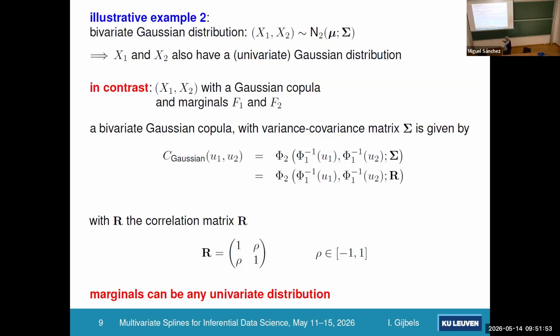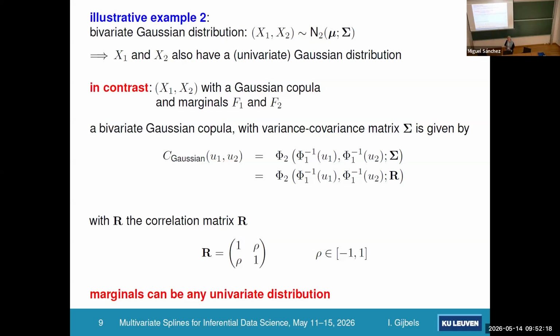In contrast, you can have a Gaussian copula and combine it with any kind of marginals that you want. It's not a bivariate Gaussian distribution. It's something else. You take the Gaussian dependence structure and you put any marginals you want. I give you an example. Now, what is a Gaussian copula?